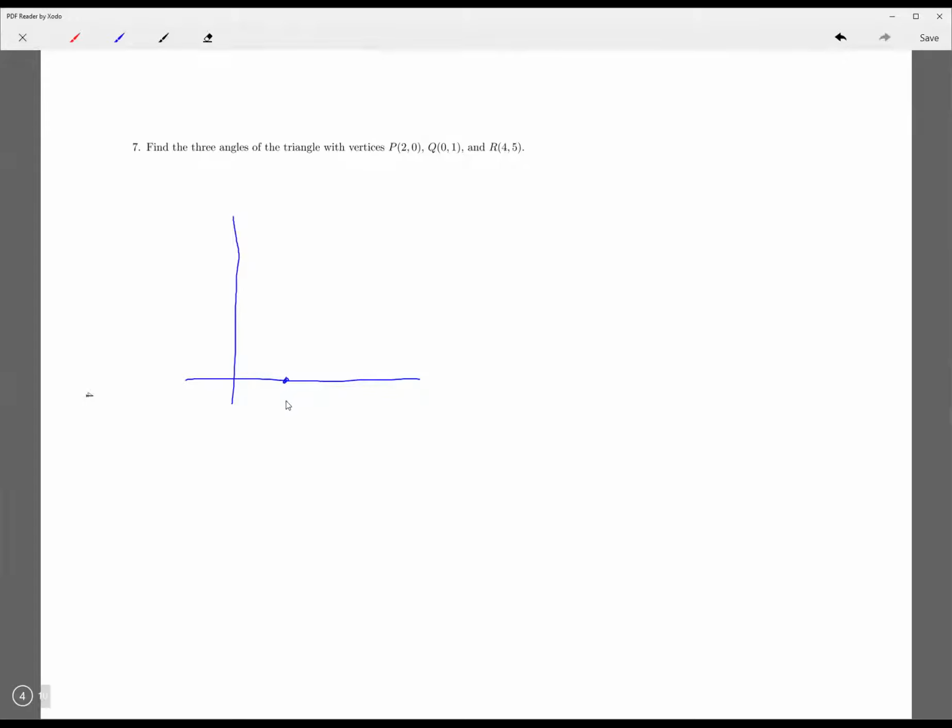So here's the point P, that's 2, 0. And here's Q, which is 0, 1. And then R is going to be over here at 4, 5. And these 3 points form a triangle, and we're supposed to find all of the angles of the triangle.